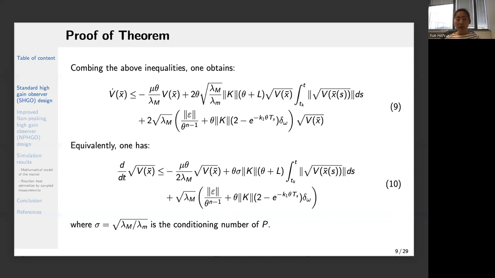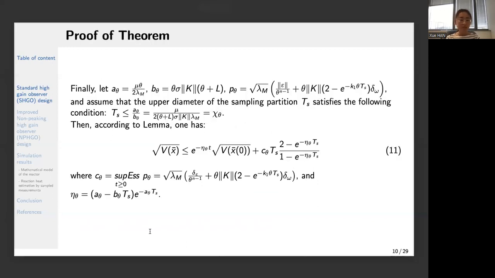We calculate the derivative of the square root function of V(x bar), and we can easily find that this derivative is a function of square root V. Here we define sigma as the square root of lambda capital M over lambda small m, where lambda capital M and lambda small m are the maximum and minimum eigenvalues of the matrix P. So here, by using the lemma presented before, we can solve the differential inequality, and we get the solution of equation 11.